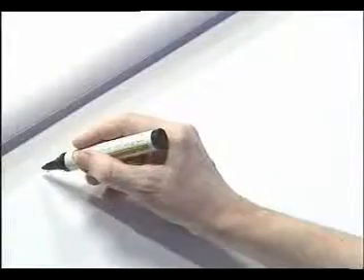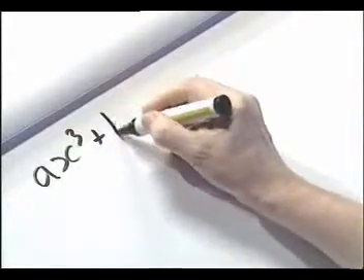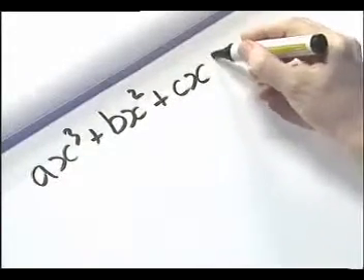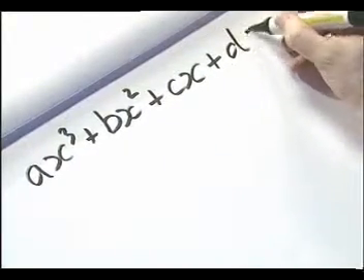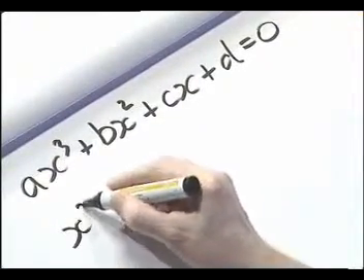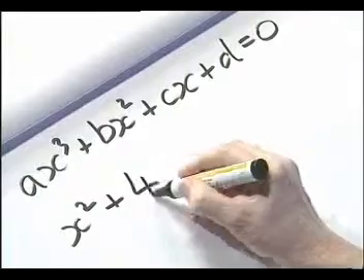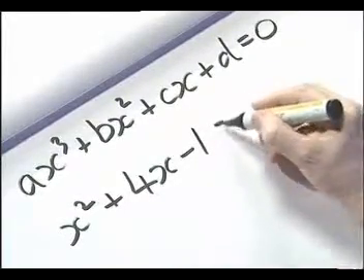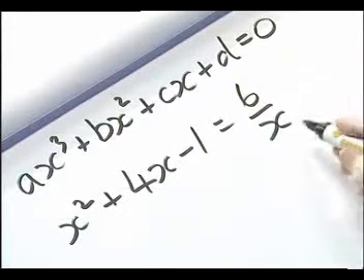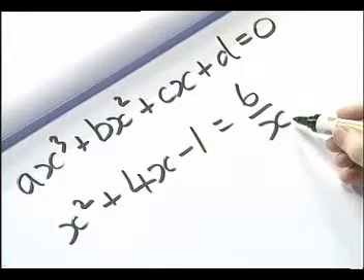Now let's move on to how we solve cubics. Like a quadratic, a cubic should always be rearranged into the form ax cubed plus bx squared plus cx plus d equals 0. The equation x squared plus 4x minus 1 equals 6 over x is a cubic, but I wouldn't like to try and solve it in this particular form.